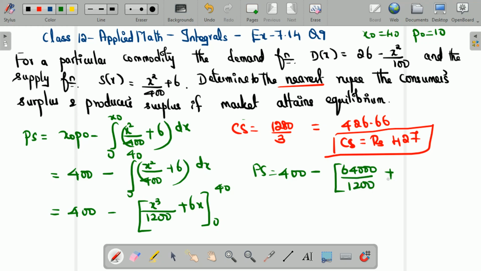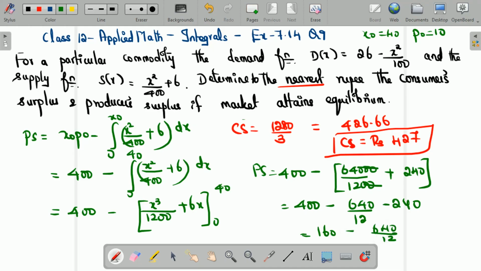Then there is a plus 6 into 40, so there is going to be a 240. Even lower limit, everything is 0, so simply discard. So if you simplify here, this is going to be equal to 400 minus 640 divided by 12 minus 240. So this is nothing but 160 minus 640 divided by 12, which is 160 minus 160 divided by 3.